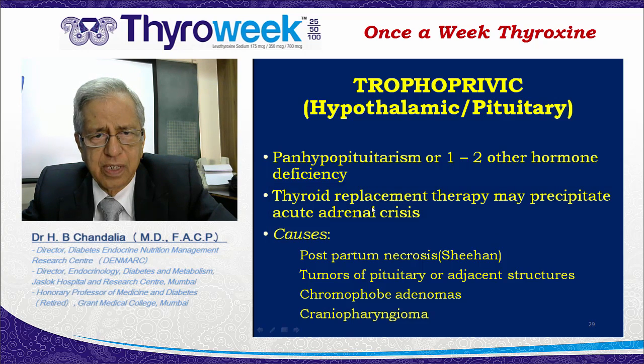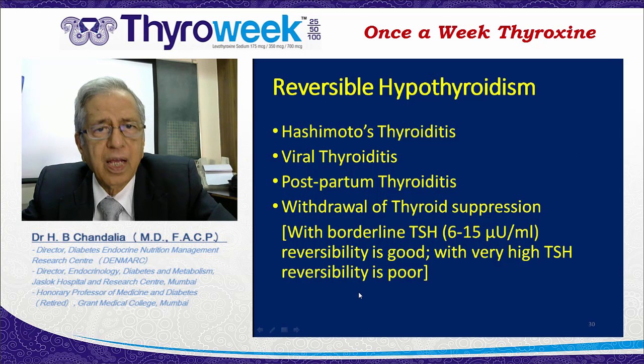Therefore, it is very important to recognize that this is a trophoprivic or pituitary origin hypothyroidism. The causes of these are obviously some of the pituitary diseases. Again, we have considered some of these factors where you should look for reversibility.